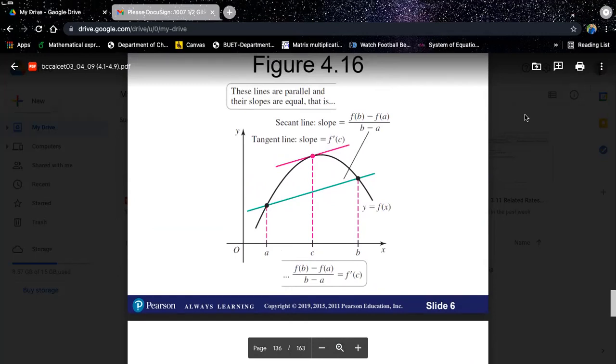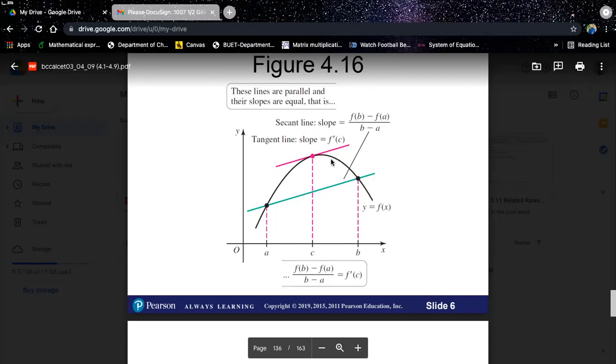So this will be the same as finding a point in that interval, let's say C, and getting the first derivative at that point. We know the first derivative is actually the slope of the tangent line at that point, right? We know that.